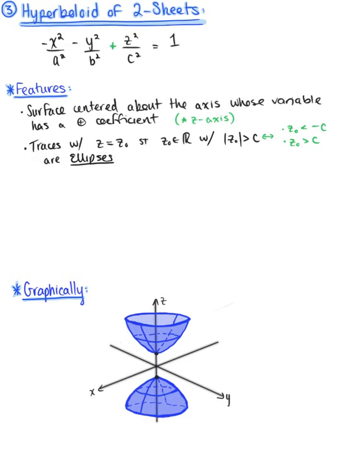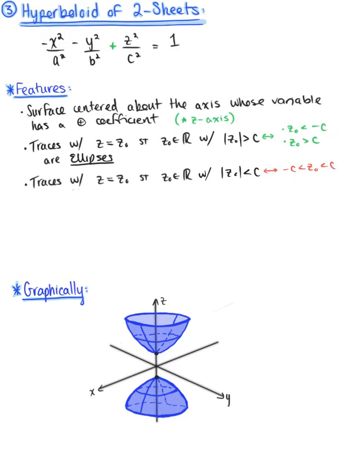Now, similarly, traces with z being equal to some z0, such that z0 is a real number, but here with the absolute value of z0 being less than c. Again, from algebra this is equivalent to saying that z0 is greater than negative c and less than positive c.